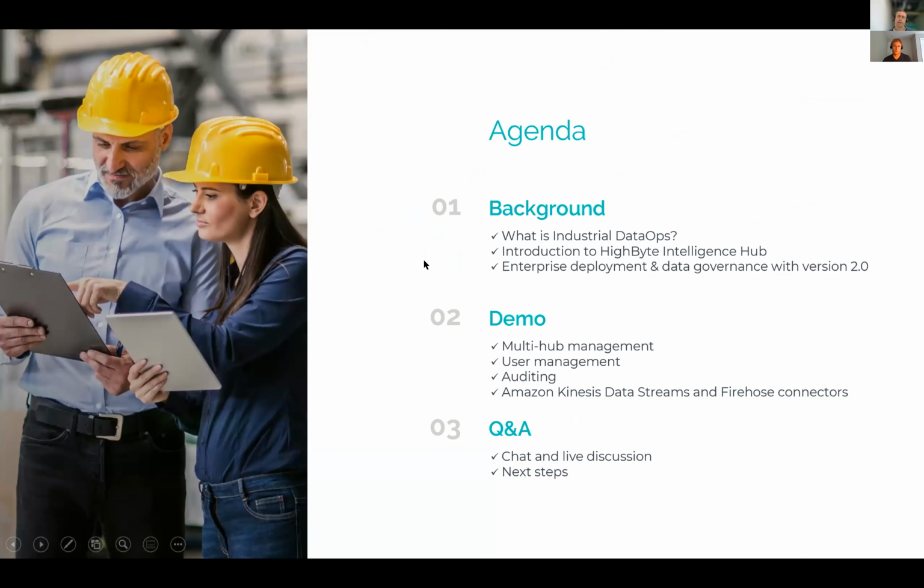The agenda for today is we want to give some background. There are some new people here who aren't as familiar with HighByte or with Industrial DataOps. So we'll do a little bit of description of what Industrial DataOps is, and then talk about the HighByte Intelligence Hub. But then we'll spend the majority of our time talking about enterprise deployments with the Intelligence Hub, how you handle data governance and what that really means, and the capabilities that we've added to version 2.0.